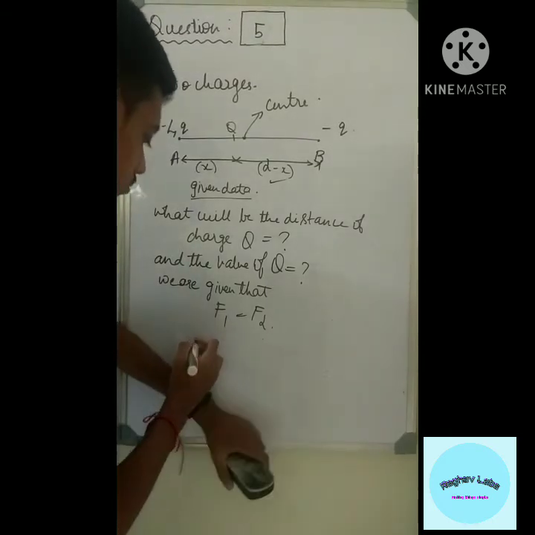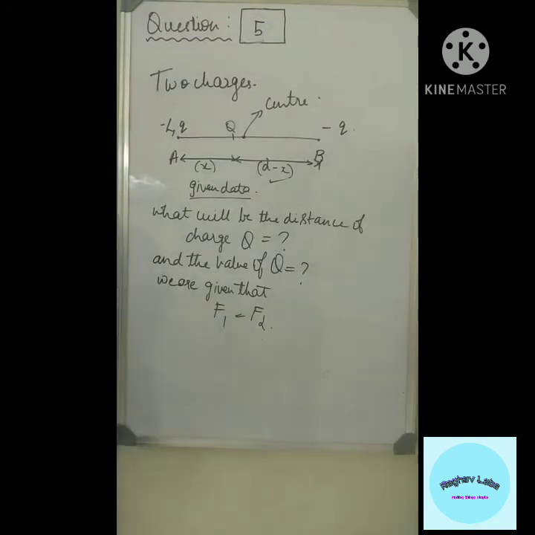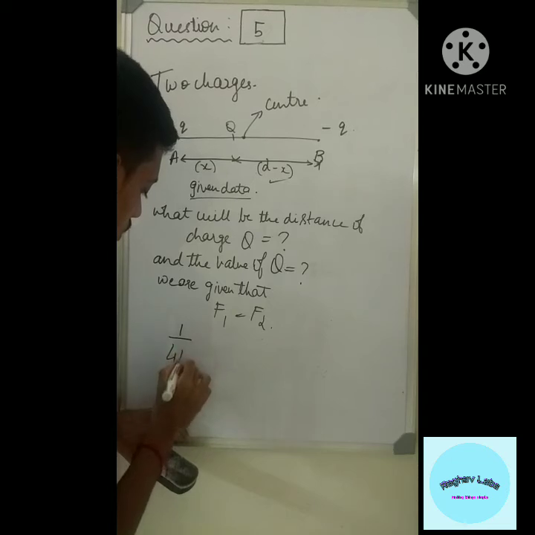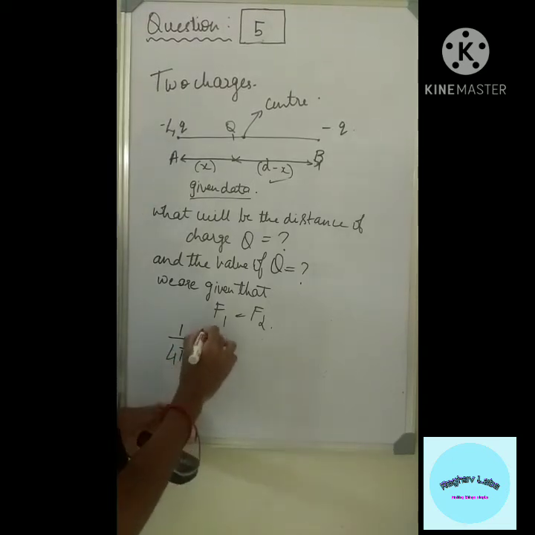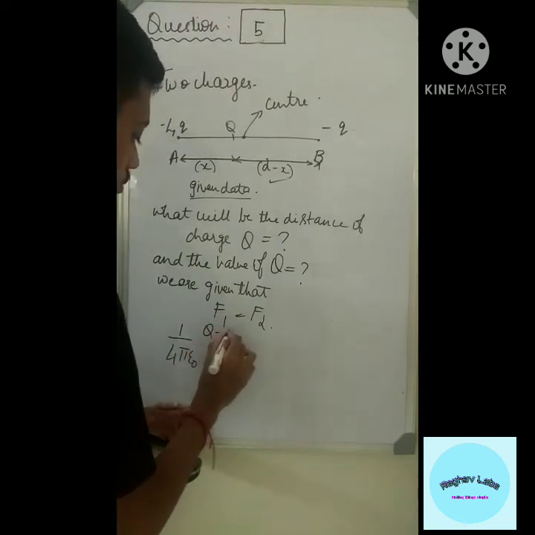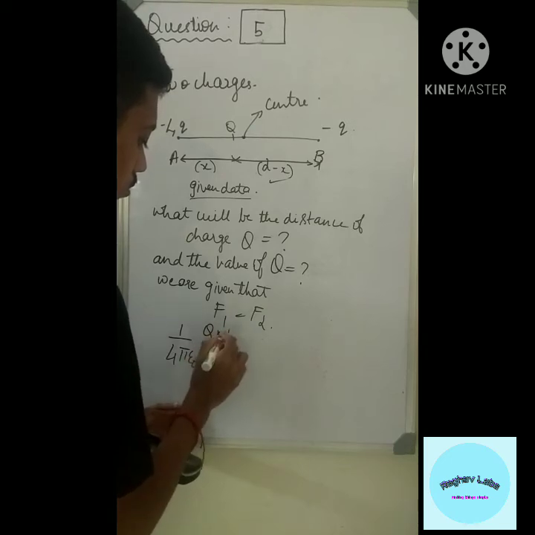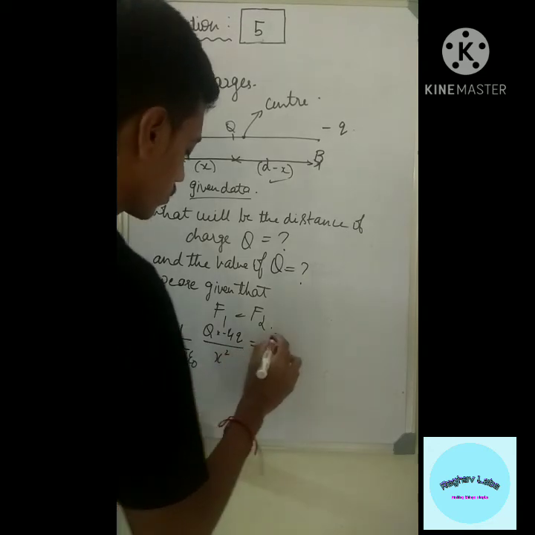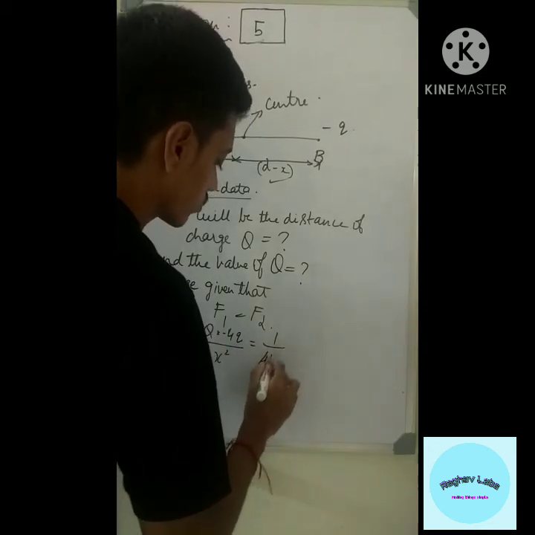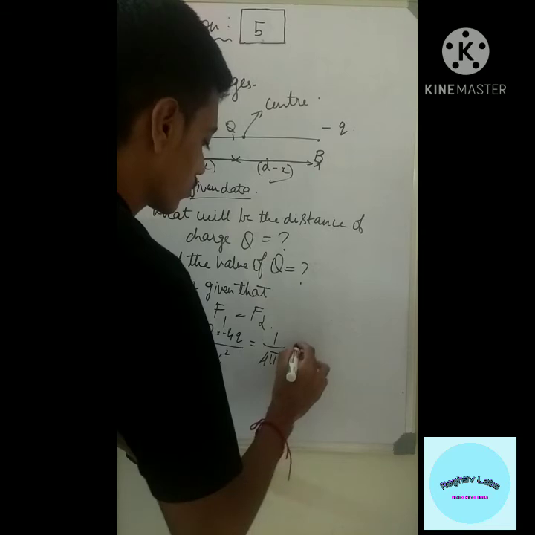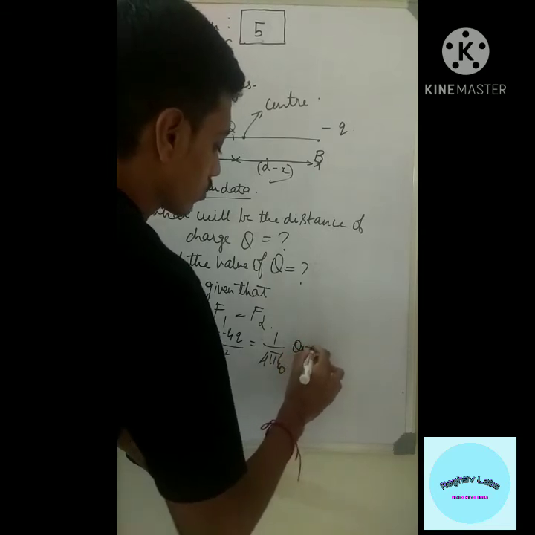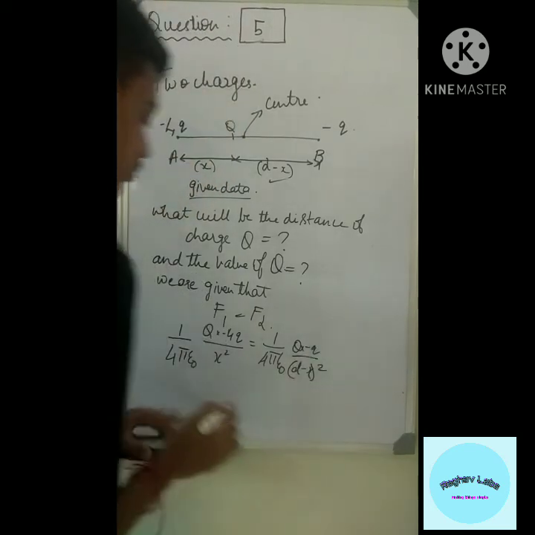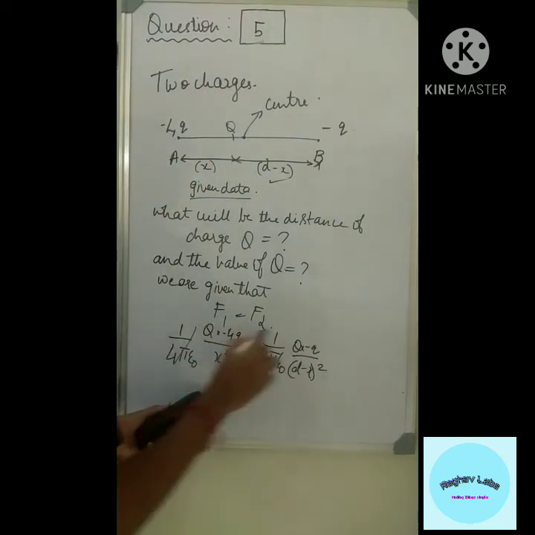So it is 1 by 4 pi epsilon naught, q into minus 4q divided by x square, is equal to 1 by 4 pi epsilon naught, q into minus q, by d minus x the whole square.